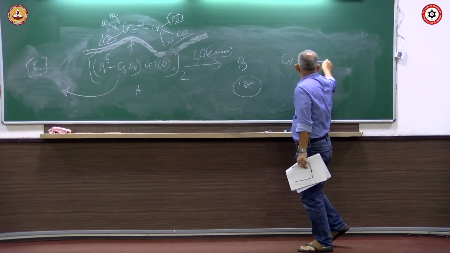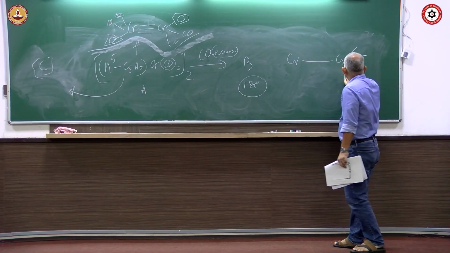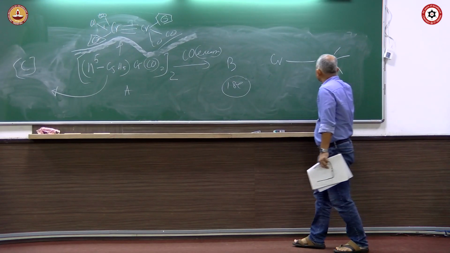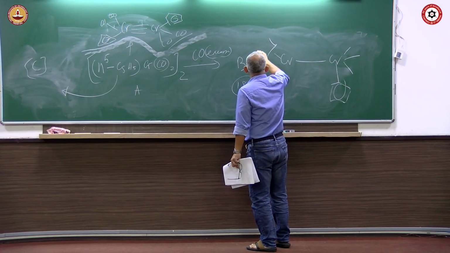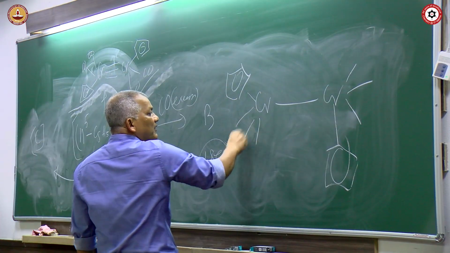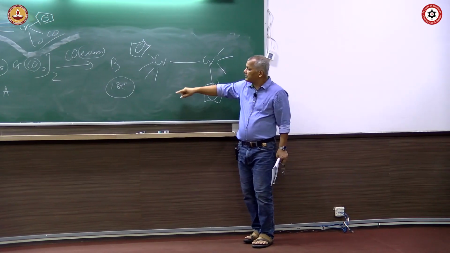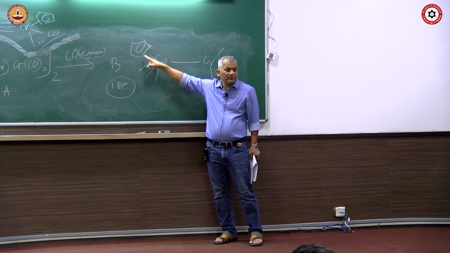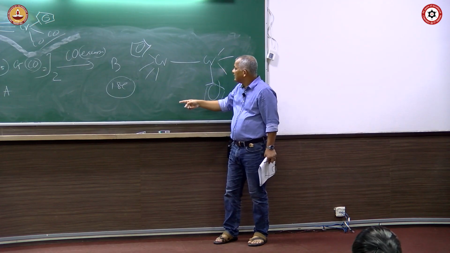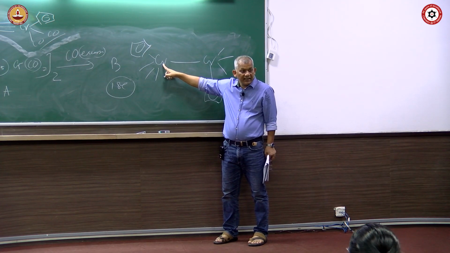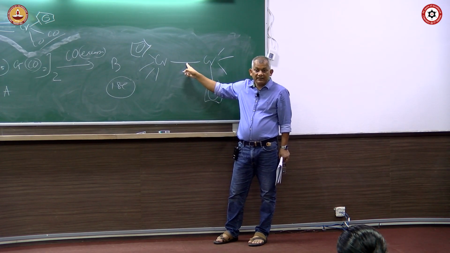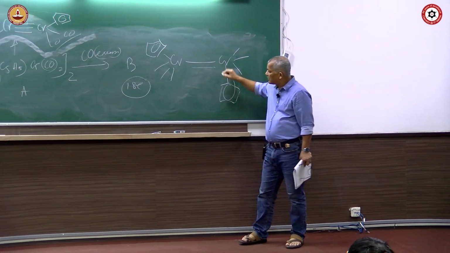You get a chromium-chromium single bond. So you have 3 CO plus 5, 6 plus 5, 11 plus 6, 17, plus 1 bond, 18. So this is the structure of molecule B.